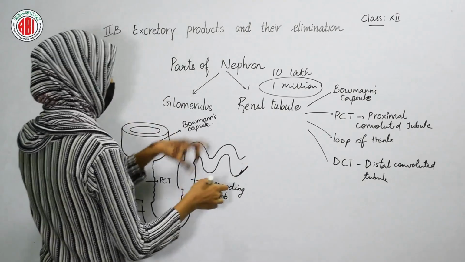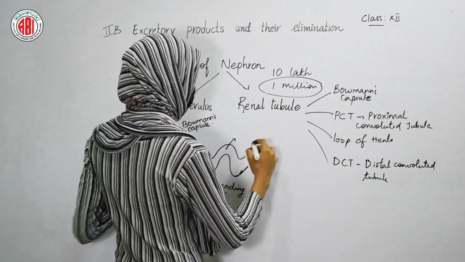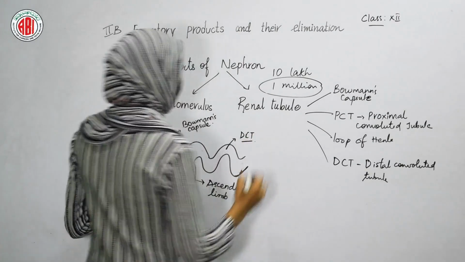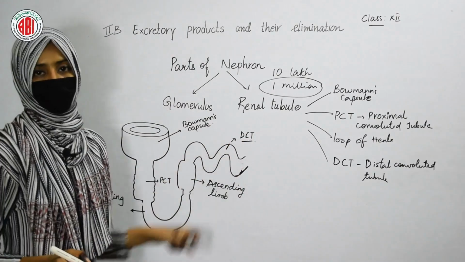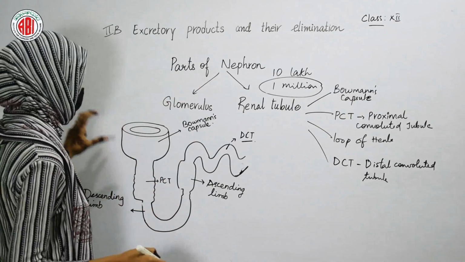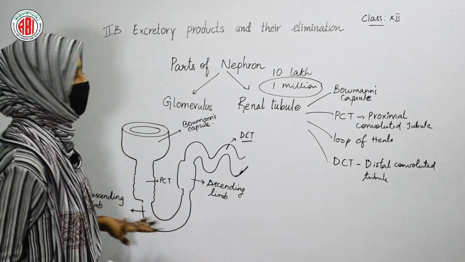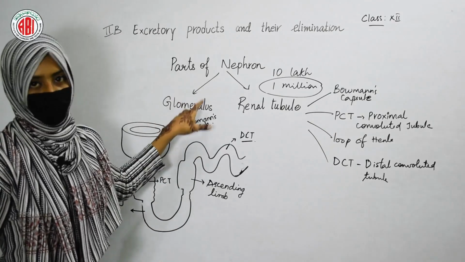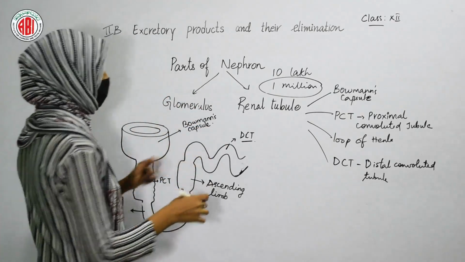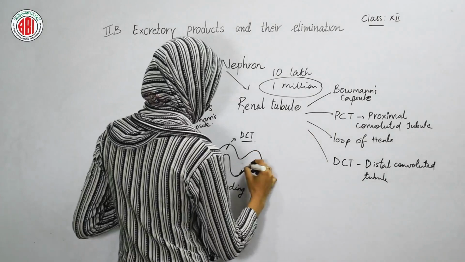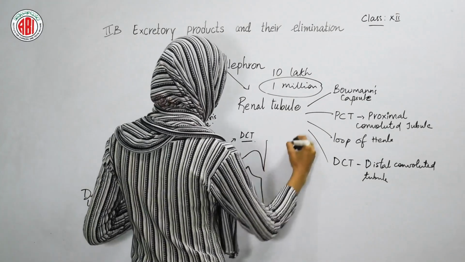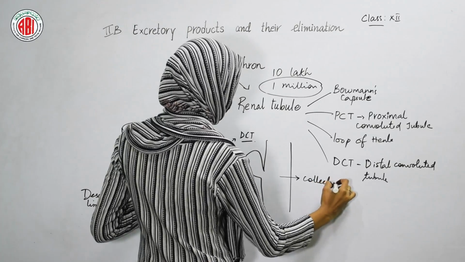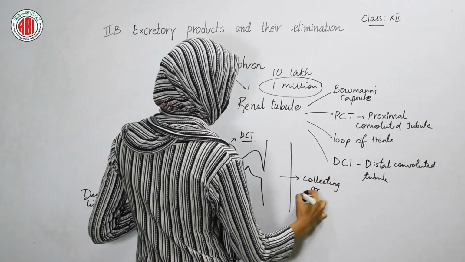This extends, and it opens into another tubule, that is DCT. DCT stands for distal convoluted tubule. In such a way, all these parts are present that form our nephron. This distal convoluted tubule further extends, and it opens into a duct which is called the collecting or conducting duct.